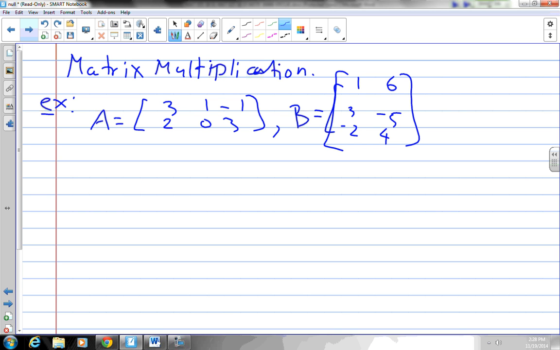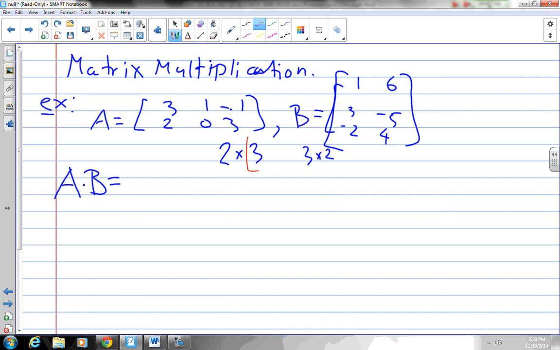The way we define the matrix multiplication, and this is really tricky, we cannot just multiply any two matrices. There has to be some connection there. The first matrix is what size? 2 by 3. The second matrix is 3 by 2.